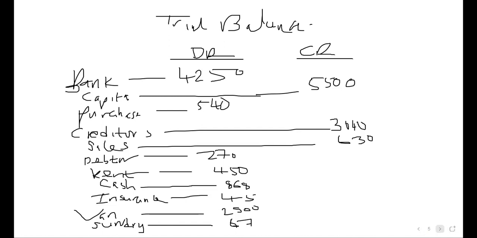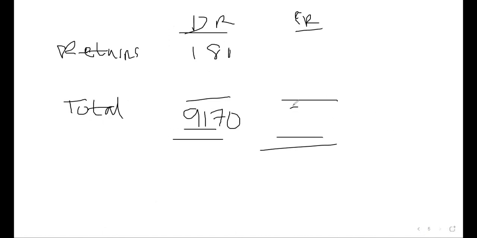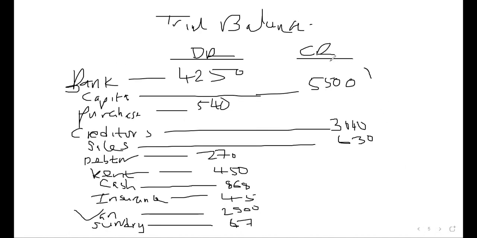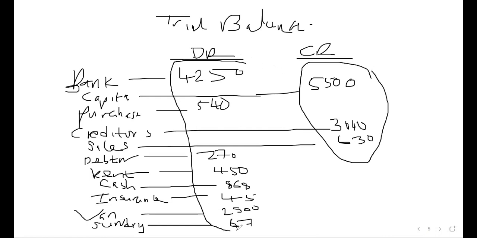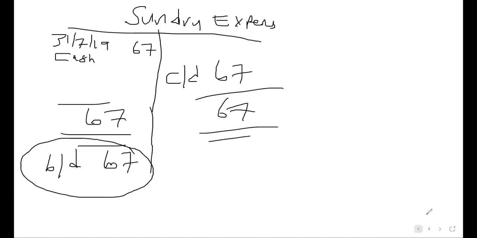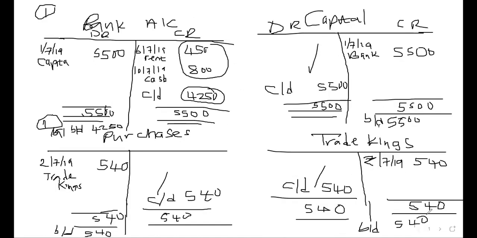Okay, so it has also given us 9,170. So we have balanced up this question. So the total of the credits and the total of the debits, all these debits here. So the trial balance checks the accuracy of the double entry system. So we're just using the brought down figures here to balance up and come up with the trial balance.